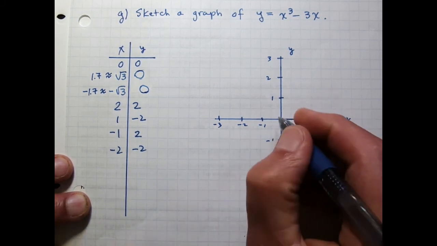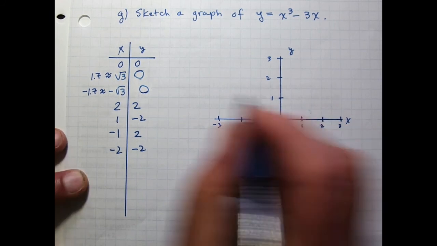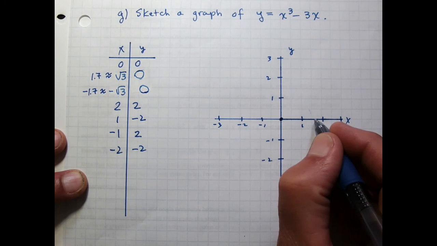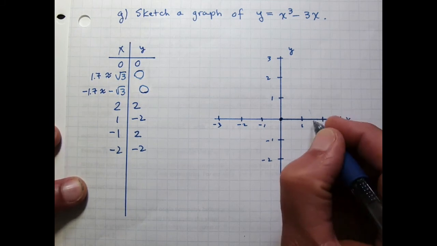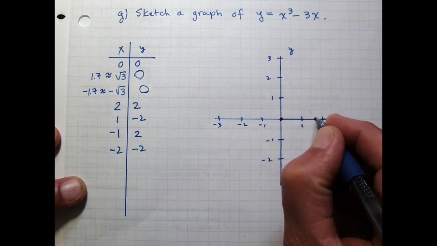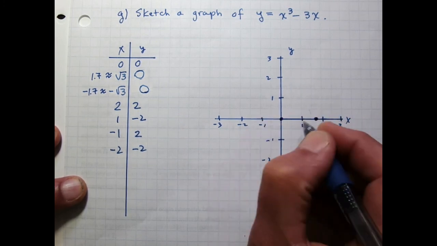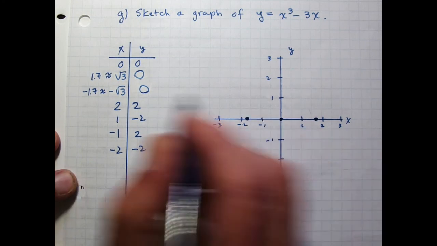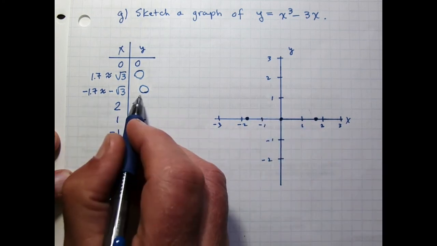And so I have (0, 0) on my graph. I have (square root of 3, 0), which is about 1.70. Here's 1.5, so it's a little bit to the right of that, close to 2. And the same thing on the other side: close to negative 2 is my negative 1.70.